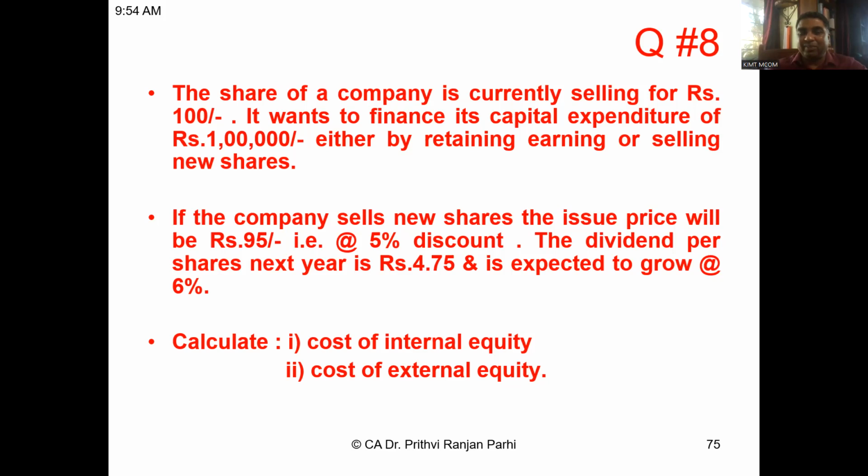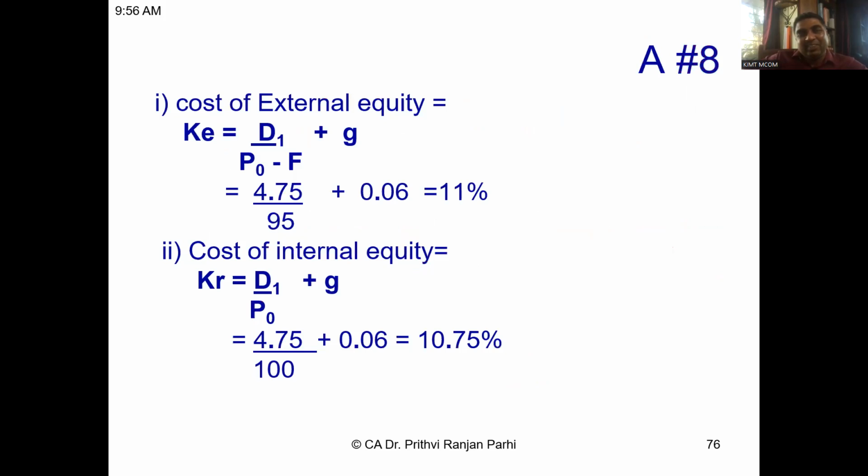So the external equity formula is D1 by P0 minus F plus G. The internal equity formula is simply D1 by P0 plus G. Okay, first we'll calculate cost of equity, which is the external equity. You see D1 by P0 minus F plus G. So 4.75 is the dividend, divided by 95, which you get as 100 minus 5, plus growth 0.06, it is 11%.